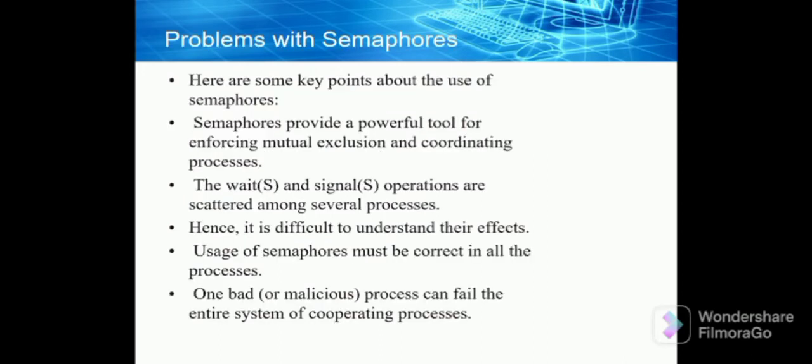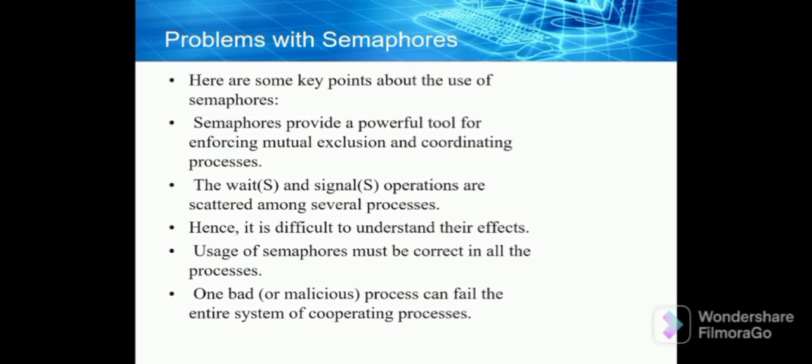Problems with semaphores. Here are some key points about using semaphores. Semaphores provide a powerful tool for enforcing mutual exclusion and coordinating processes. The wait and signal operations are scattered among several processes. Hence, it is difficult to understand their effect. Usage of semaphores must be correct in all processes.